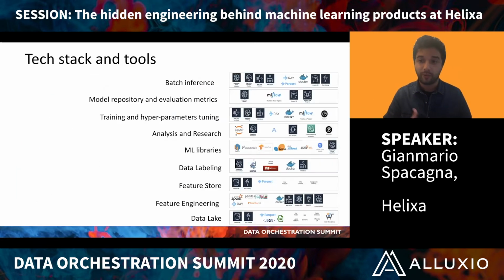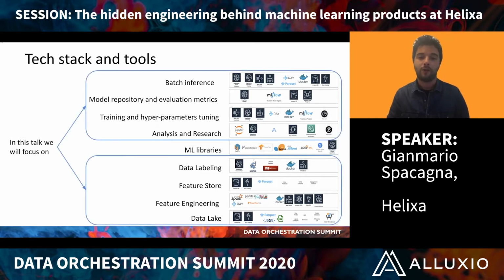And in order to implement that, we had to use a bunch of tools for each component of the system, for different stages. Today, we're going to focus on everything but the machine learning libraries, because the goal of this talk is not to tell you how to build models, but everything else that is required in order to integrate those models within the whole system.